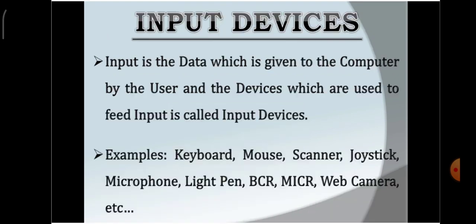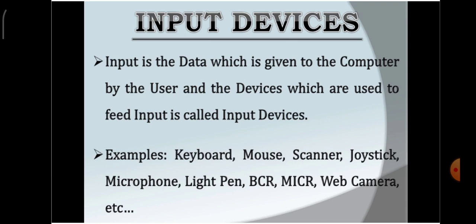Input devices. Input is the data which is given to the computer by the user, that is you, and the devices which are used to feed input are called input devices. You divide that word into 2. Input is one which you give, and what is the device?